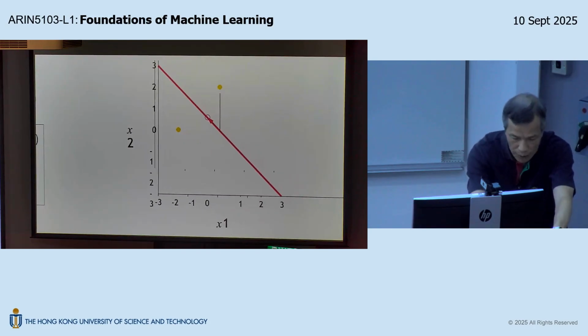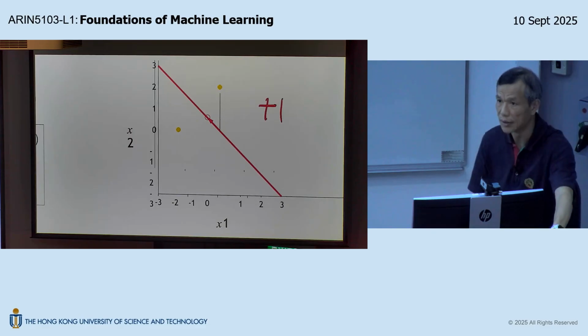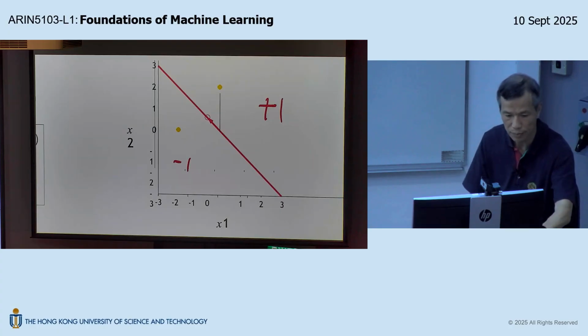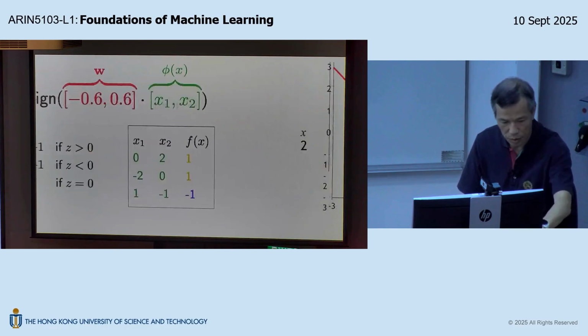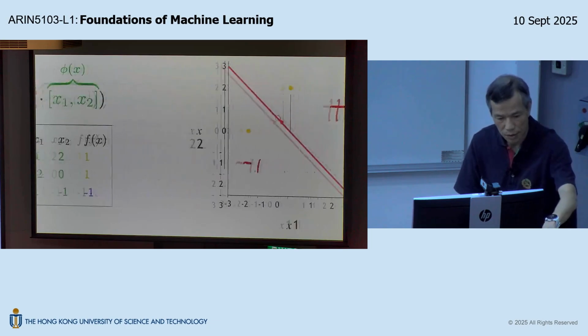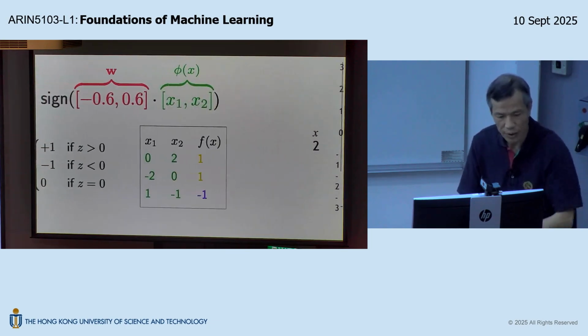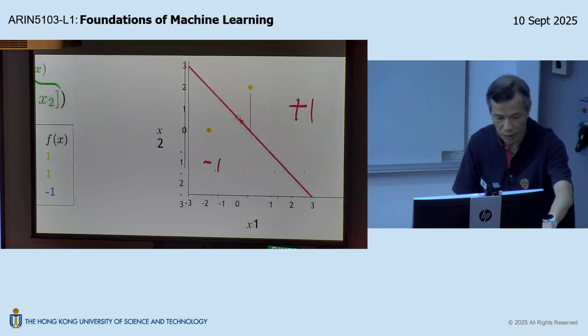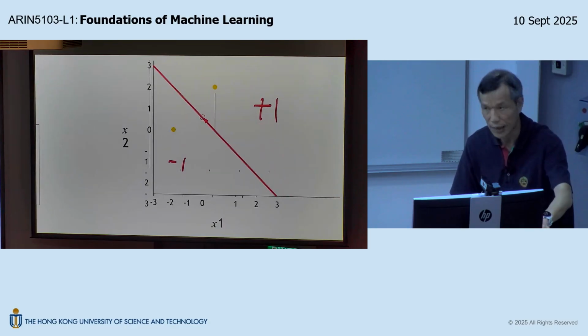Say for example, by taking the sign, you will see that for points lying on this side, the sign is equal to +1. And for points on this side, the sign will be equal to -1. And what about the points that lie exactly on this line? What that means is, you look at the dot product, and then look at the sign of the dot product, and then use the sign to put the points into the plus class and the minus class.